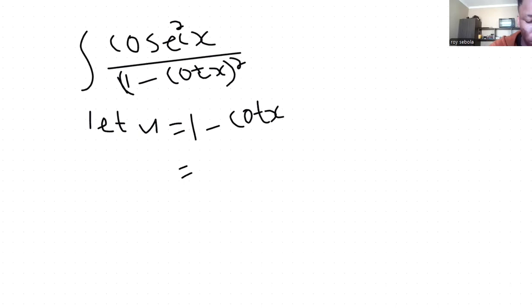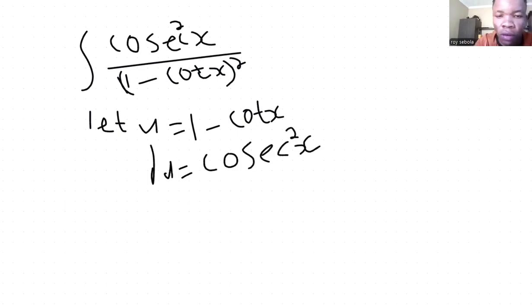You will get du is equal to cosec squared x dx. Now remember, we want our dx.